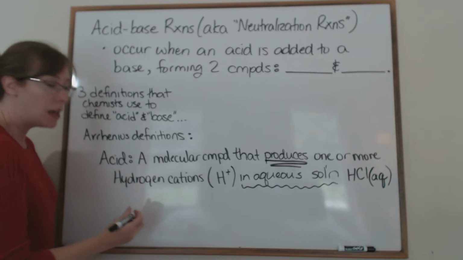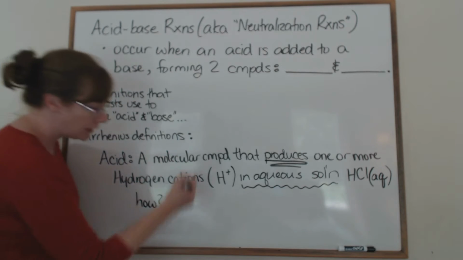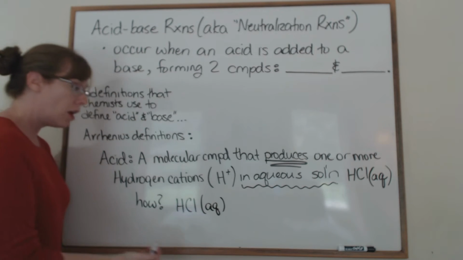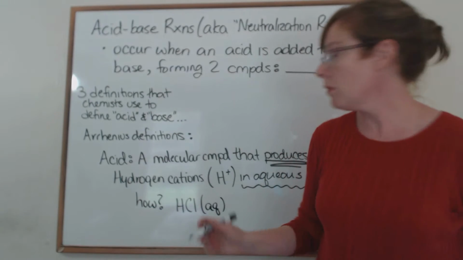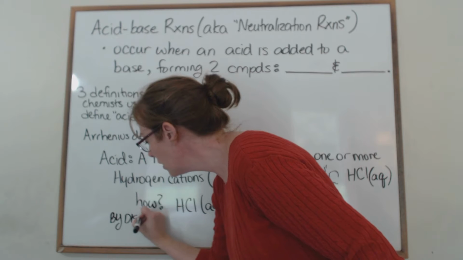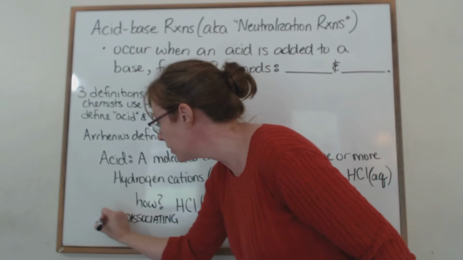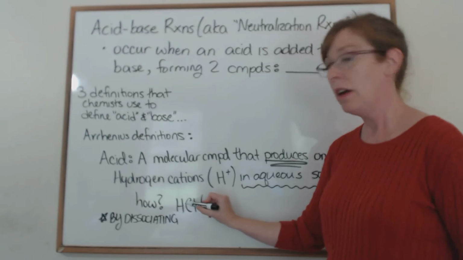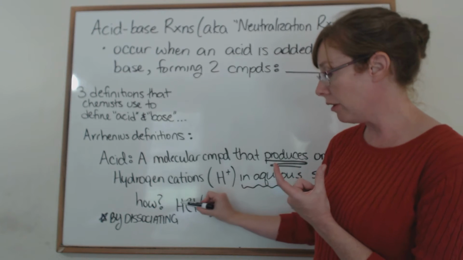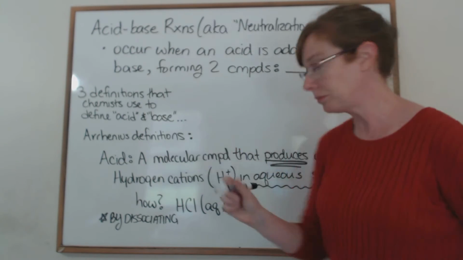Okay, so the whole point of the definition is that you are producing one or more of these H+ ions. So let's ask the question, how? How does an acid produce it? Well, let's use HCl, probably the most famous acid in the world. It produces it by dissociating. That's really the method of how it produces it. It falls apart. So the hydrochloric acid molecule, which by the way is a molecular compound of nonmetals, breaks and falls apart.